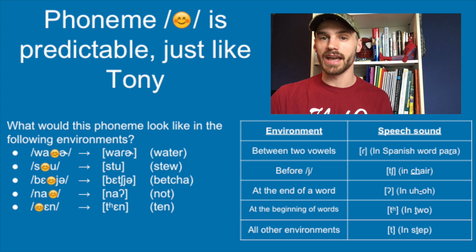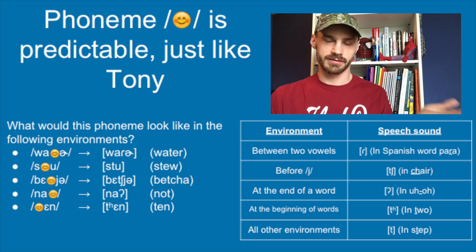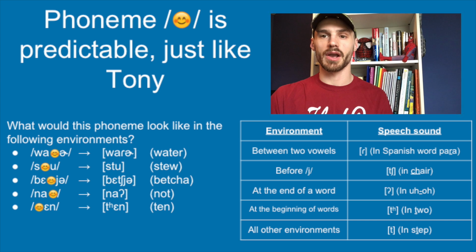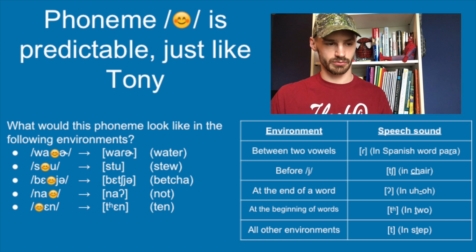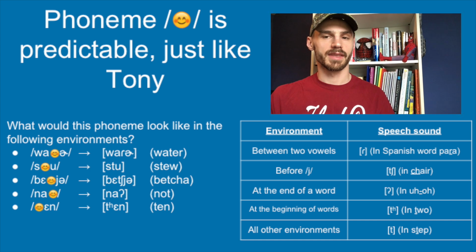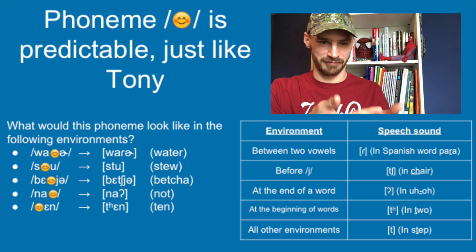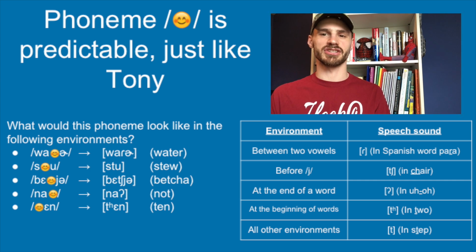That's why you don't say water unless you're from Britain or somewhere. In America, we say water, and it sounds kind of like a D. It's not actually a D sound. It's this flap, and in between two vowels, it's just like Tony. It becomes converted not into a werewolf, but into a flap.